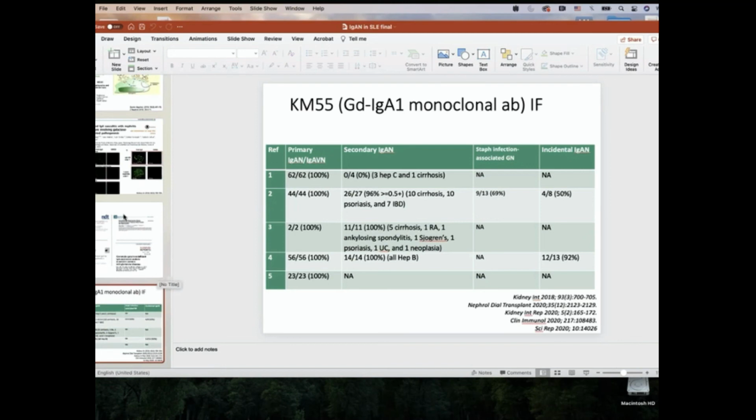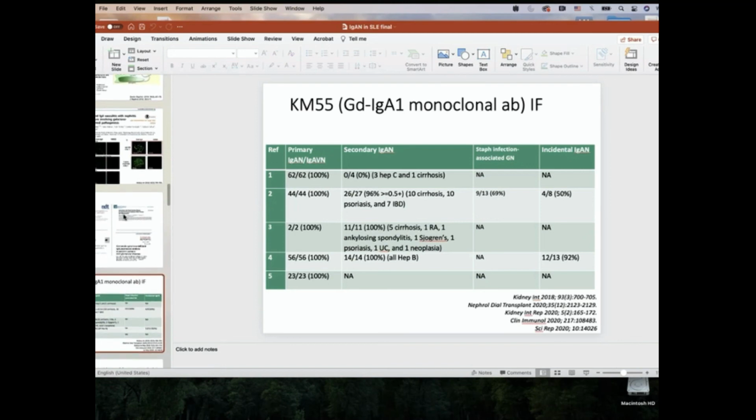Crossan. Okay. So to answer that question, unfortunately, our hands are quite tied. Number one, we do not have a good marker to detect galactose-deficient IgG, not even mentioning galactose-deficient IgG1, IgG2, IgG3, or IgG4.